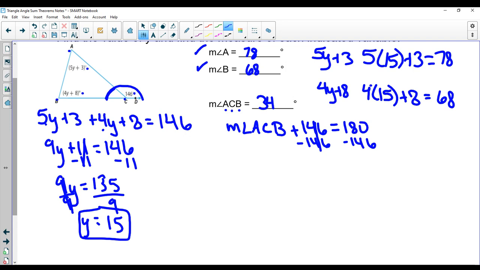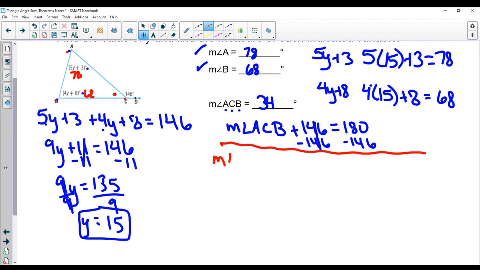That's what I would do just to save myself time because I think it's a little faster. But you could do what I'm about to do in red, and it's equally valid. You already know that angle A is now 78 and angle B is now 68. Let me erase what I've done here in blue. So you could use the fact that 78 plus 68 plus the measure of angle ACB equals 180.